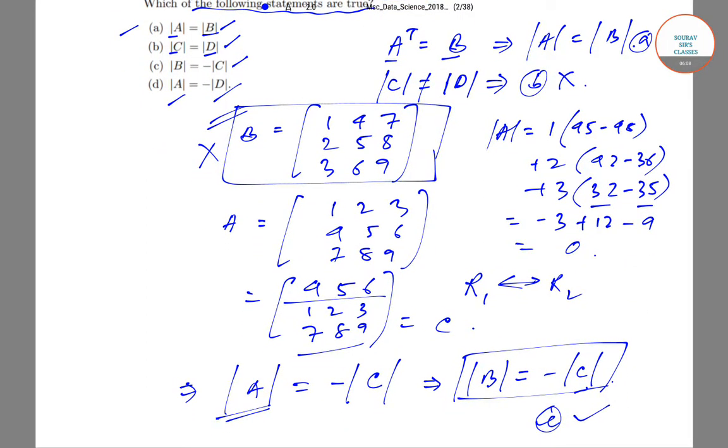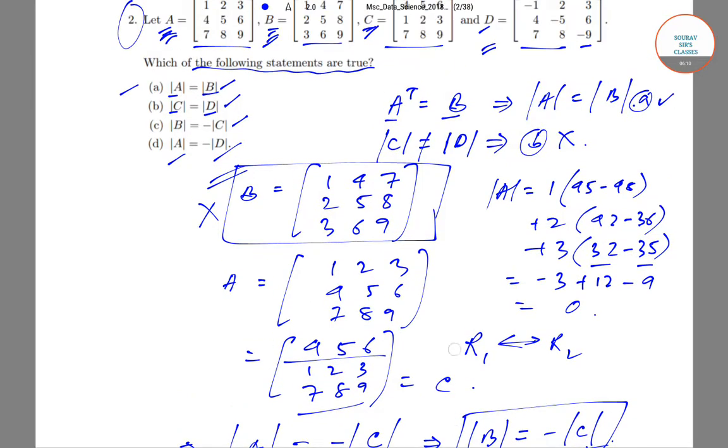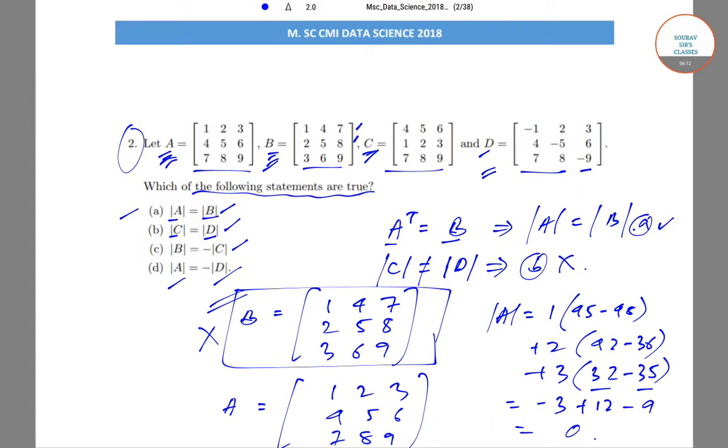Now let us find out the value of the determinant of matrix D. This will be equal to minus 1 into 45 minus 48, plus 2 into 42 plus 36, plus 3 into 32 plus 35.